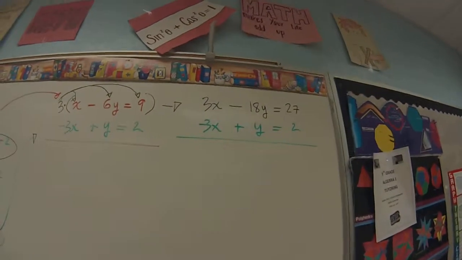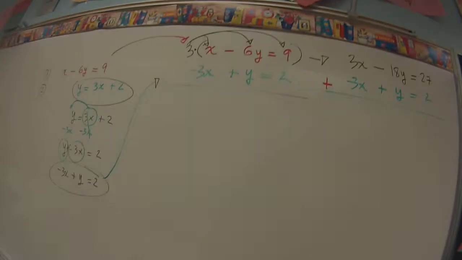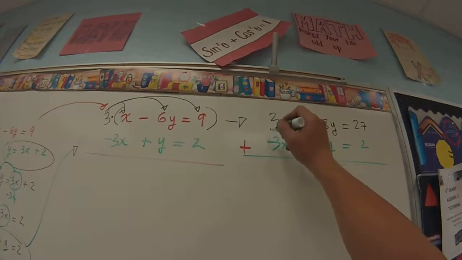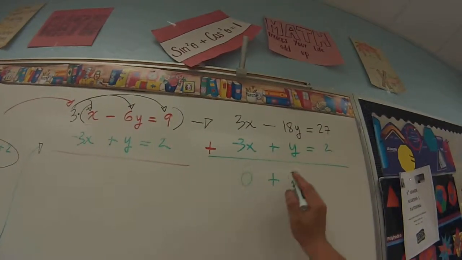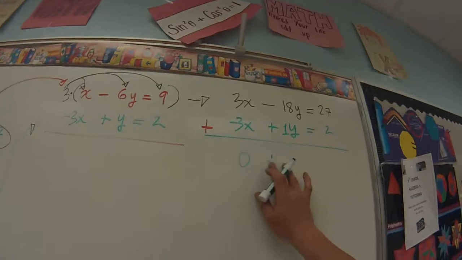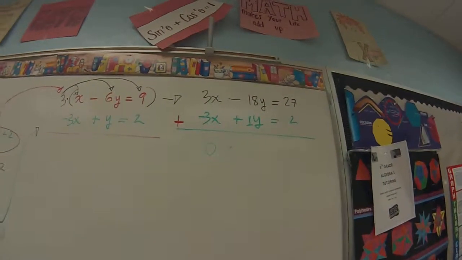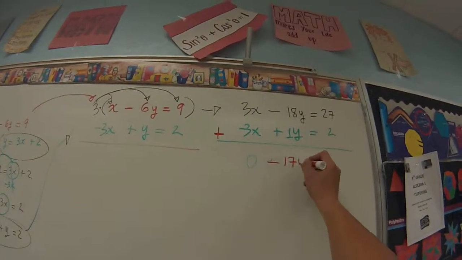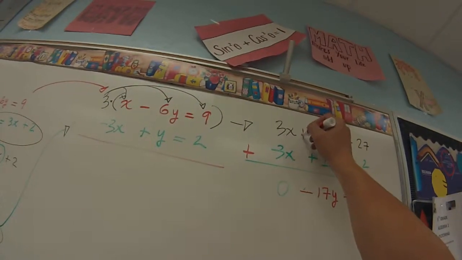And now we can go ahead and eliminate. We're going to add now. I see here that they have the same number but with different signs, so I want that. That becomes 0. Negative 18, there's a 1 here. Negative 18 plus 1 will be negative 17y equals, remember that the minus, you can make it small, put a plus in between.